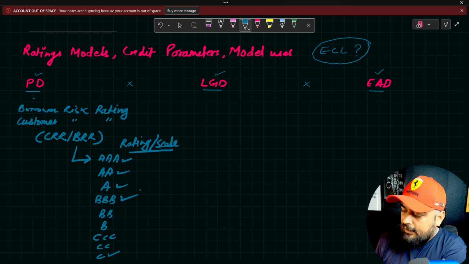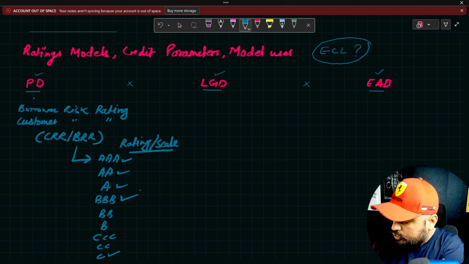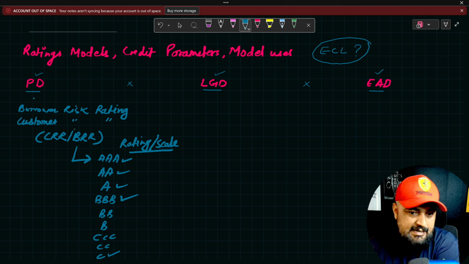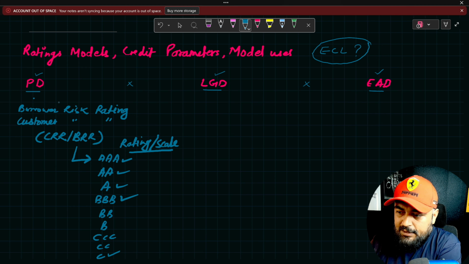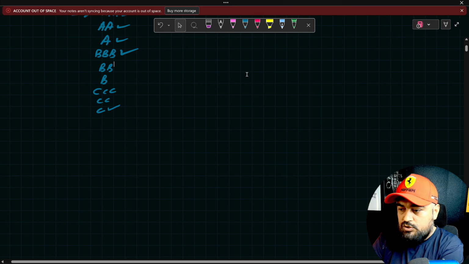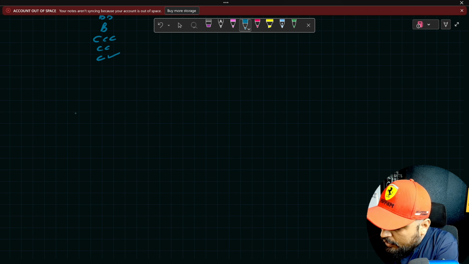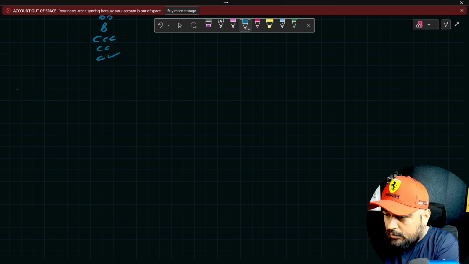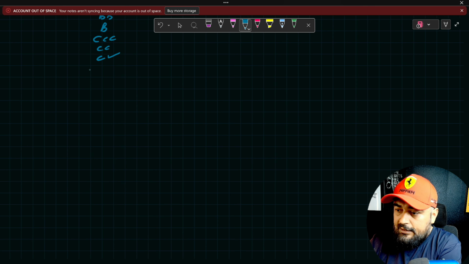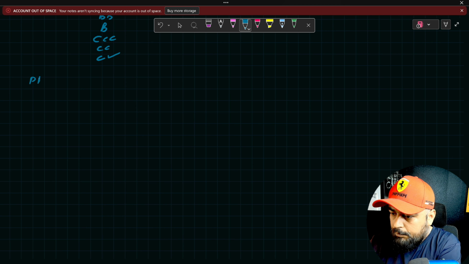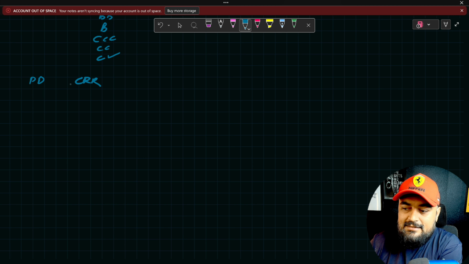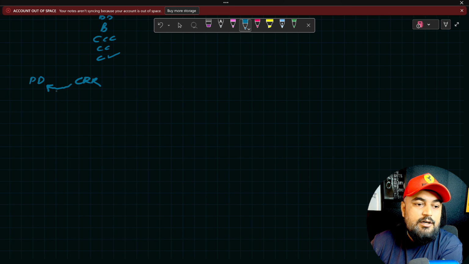Now, to understand this in much more detail, you should focus on this term CRR. So how are PD and CRR associated? Let's talk about that. When we say rating, as I said, triple A, double A, then A and so on, that is the difference between PD and CRR. But when any bank is calculating PD, they usually do the CRR thing.